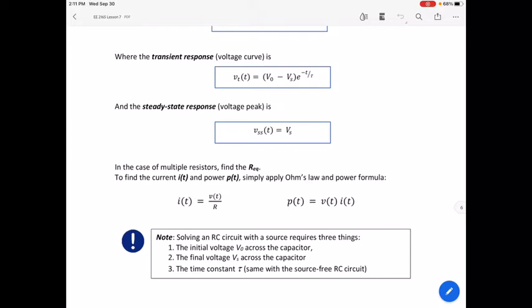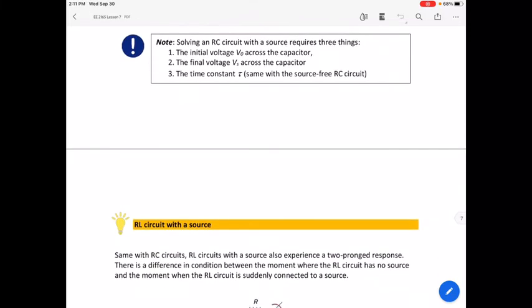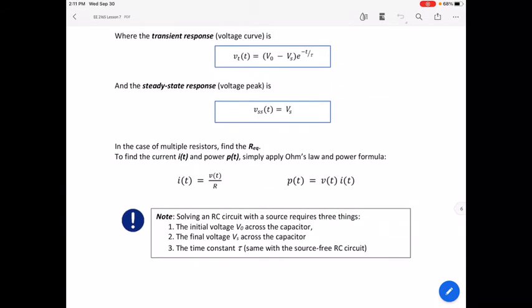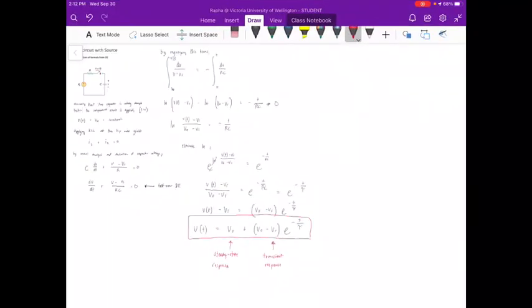Second is the final voltage across the capacitor, or the permanent or steady state voltage. And the third, of course, is the time constant tau, which is the same as in the source free RC circuit. So at this time, let us solve a sample problem.